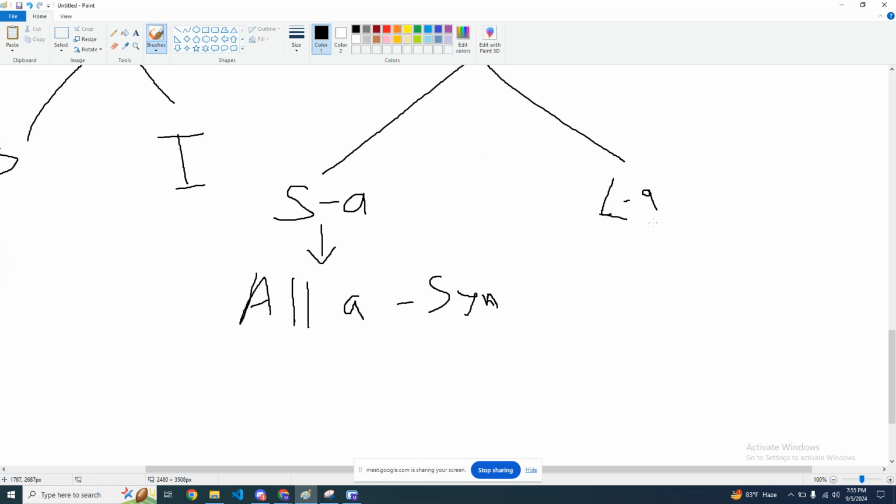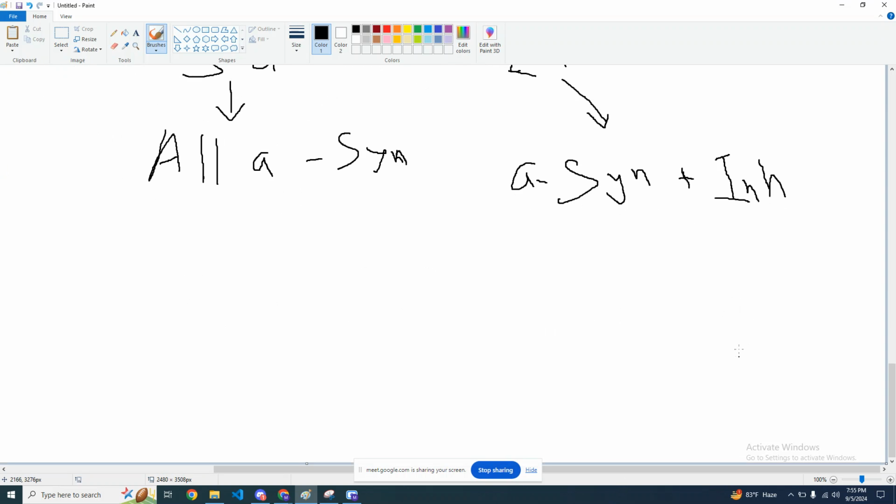But L attributed SDDs are basically SDDs where attributes can be synthesized plus the attribute can be inherited. So some attributes can be synthesized and some attributes can be inherited, right? But there is a condition for inheritance.